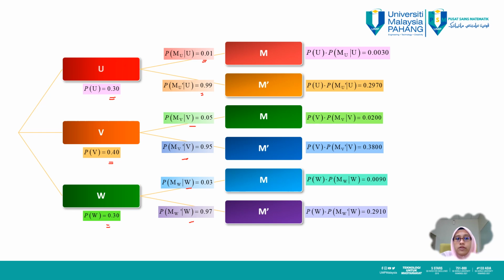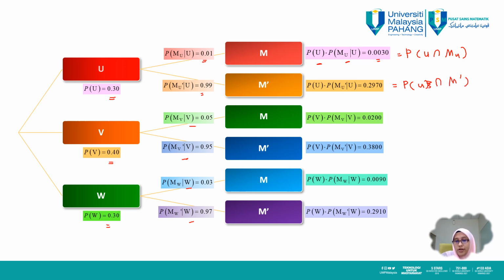Okay, so if I multiply P(U) and P(M given U), we have 0.003. This one is the probability for U intersect with M. The same goes to the next one. This is the probability for U intersect with M prime.